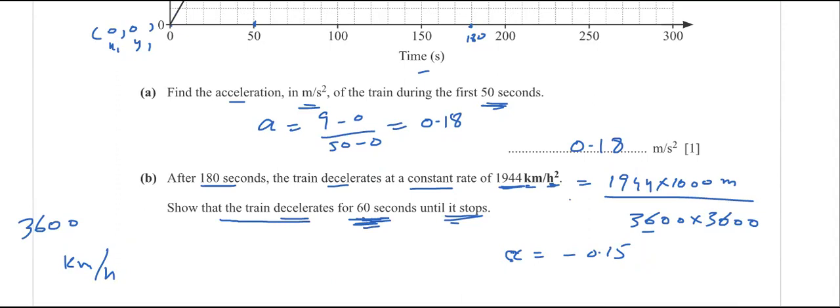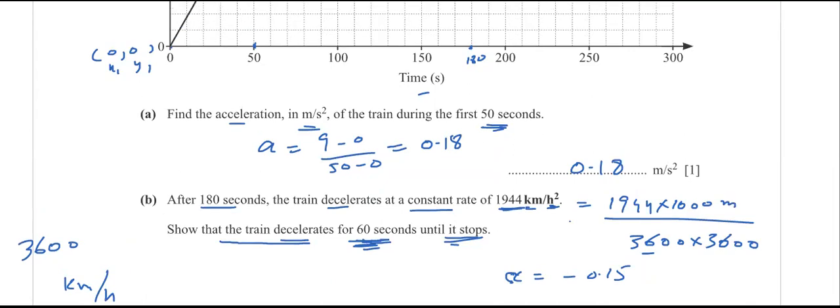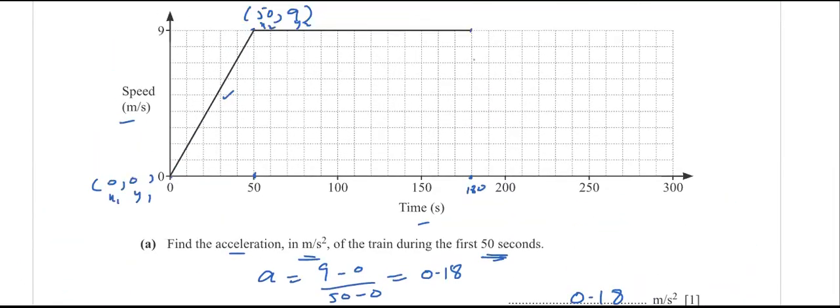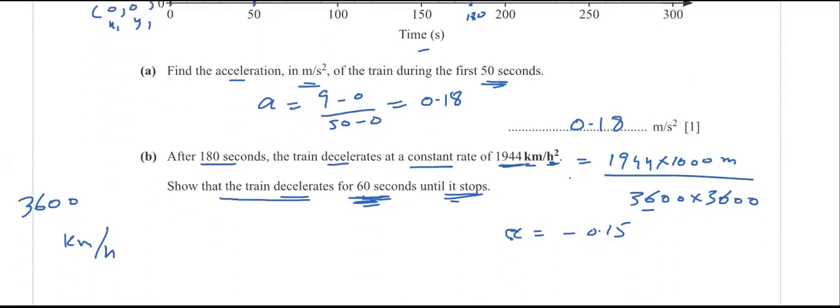To prove that, the time taken is 60 seconds. I need to look at the speeds. What was the initial speed from where it started decelerating? The speed is 9. You can see here, the speed is 9, and it will reach 0. Look at the definition if we take.